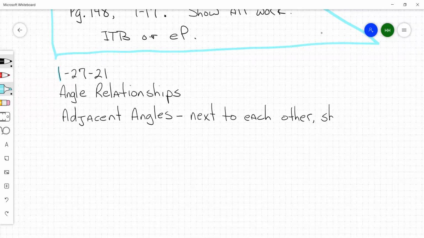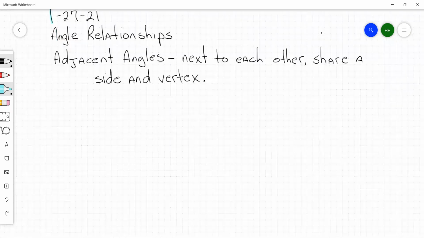They share a side and vertex. It would look like this.